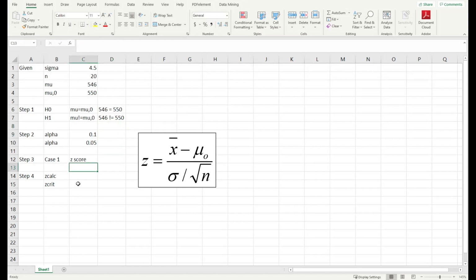Okay. So, let's do that again. Z is equal to X bar, which is this value, minus mu naught, this value, divided by sigma, which is this value, tapos multiplied by square root of n. So, si Excel, pinafollow din niya yung MDAS.